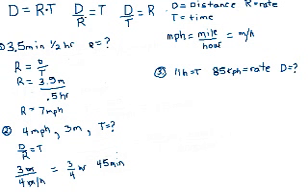So look up here and find which equation helps us find distance, and that would be d equals r times t. So let's write that. D equals r times t. And now let's write what we do know. We know that our rate is 85 kilometers per hour, and we know that our time is 11 hours.